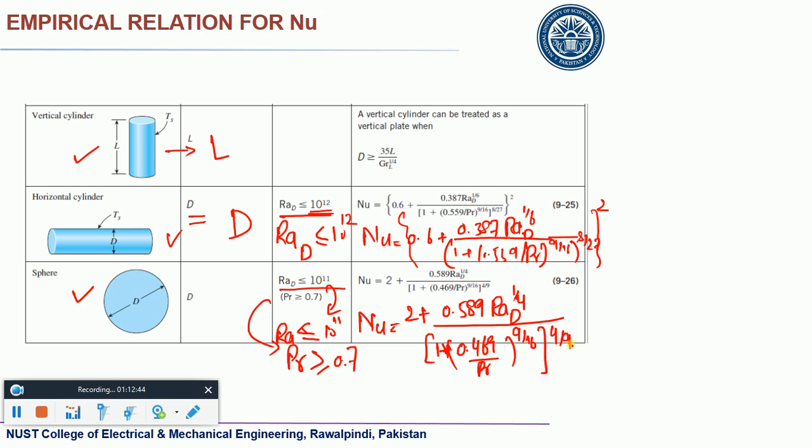So while describing all those relationships, I would also want you to go back and see what the applications are where you can see those specific geometries. It is quite straightforward to look at a few common geometries, but let's say where you can find natural convection over a sphere, over a vertical cylinder, or the horizontal cylinder. I have given you one example related to the horizontal cylinder.